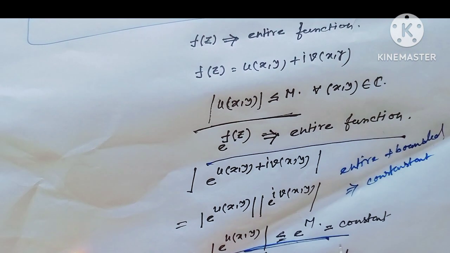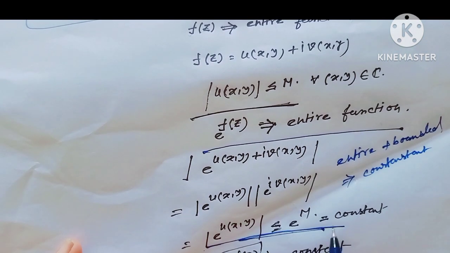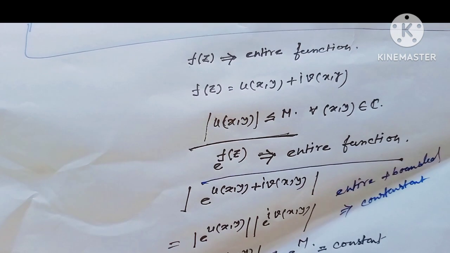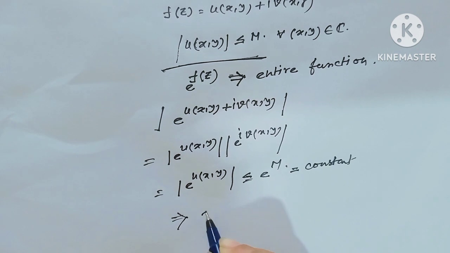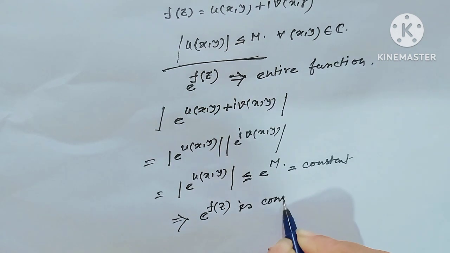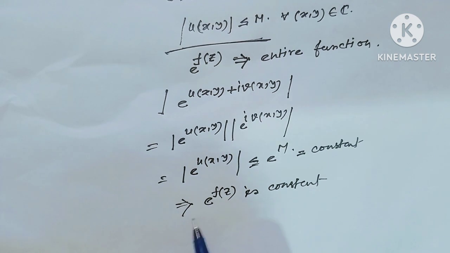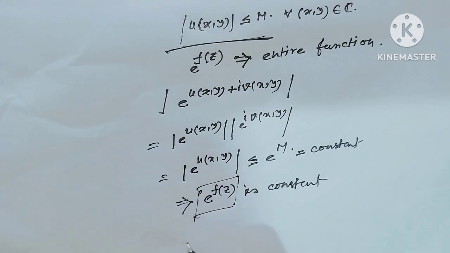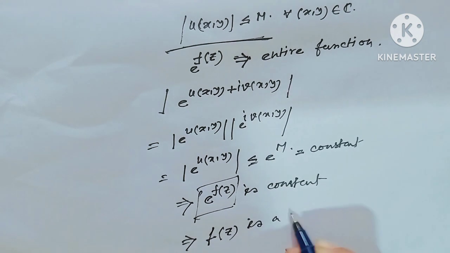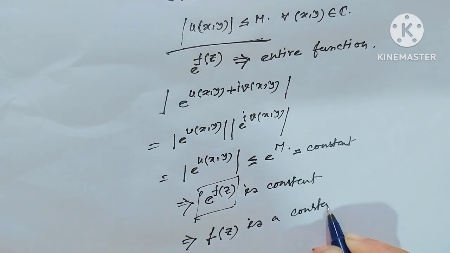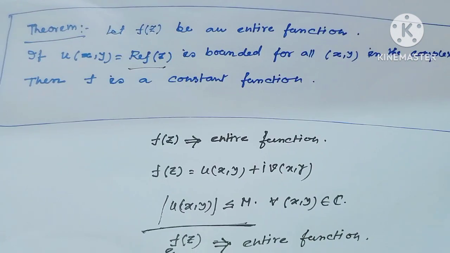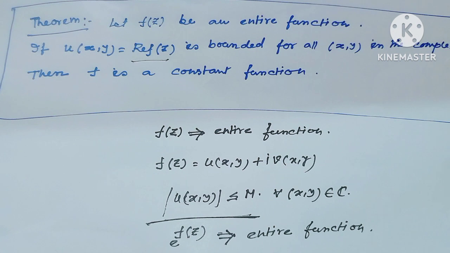That implies e to the power f(z) is a constant function, and if e to the power f(z) is constant, that implies f(z) is always a constant. I hope all my viewers have understood this theorem elaborately.